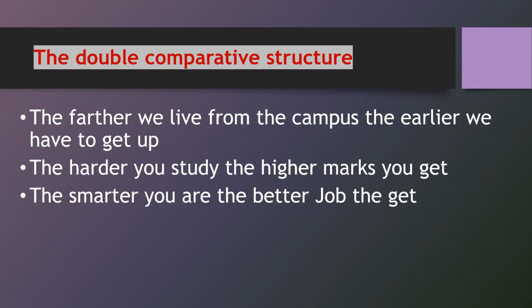In this structure, okay, if you want to look at page 315 in your textbook, the double comparative structure, when we want to express that the degree of one quality or characteristic depends on the degree of another. Meaning when you are showing that one degree of a characteristic or quality of something depends on the degree of another.